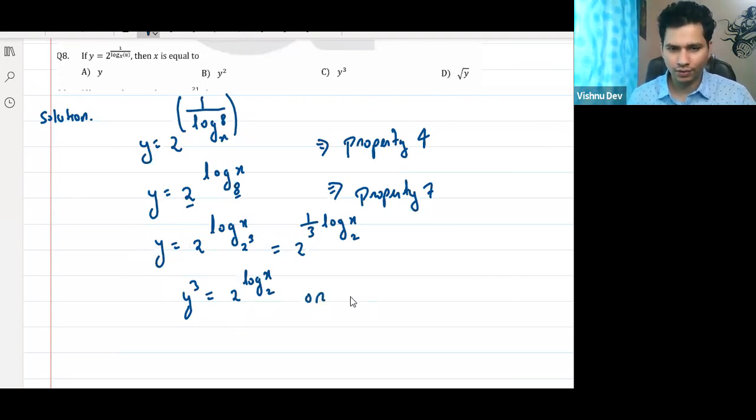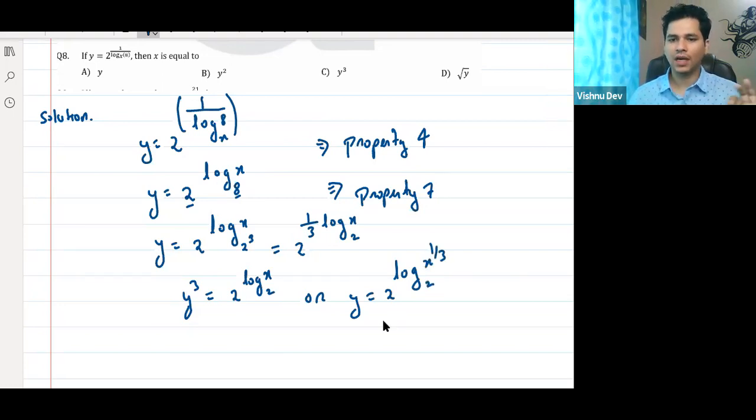Or you can do it like this: 2 to the power log, and since it is 1 by 3, it will become x to the power 1 by 3, base 2. Both are the same. Agree?